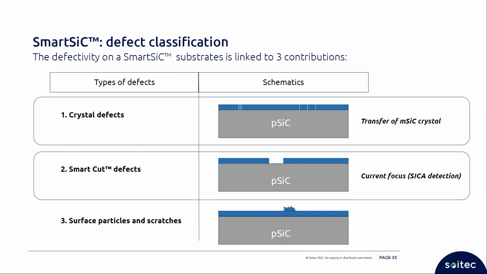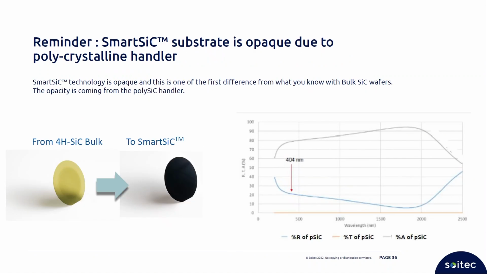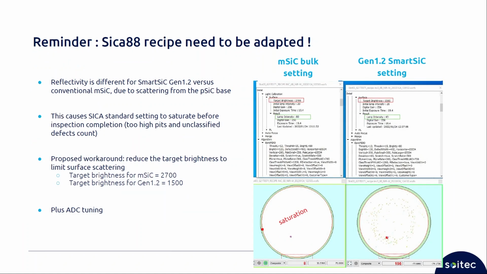The second point is what we call the SmartSiC defects. The current detection tool is the SiC inspection tool. Just a reminder again, the SmartSiC substrates are opaque due to the polycrystalline support, so we just need to adjust the recipe. The reflectivity is different.